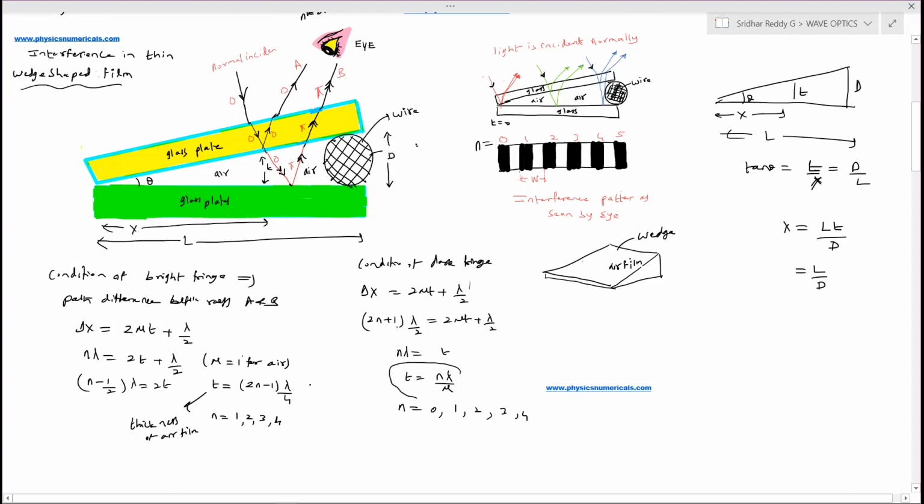Some correction I'm making, because mu equal to 1 for air. This will be n lambda by 2, so this will be 2t. Now t is equal to n lambda by 2, so this will be n lambda L by 2D.